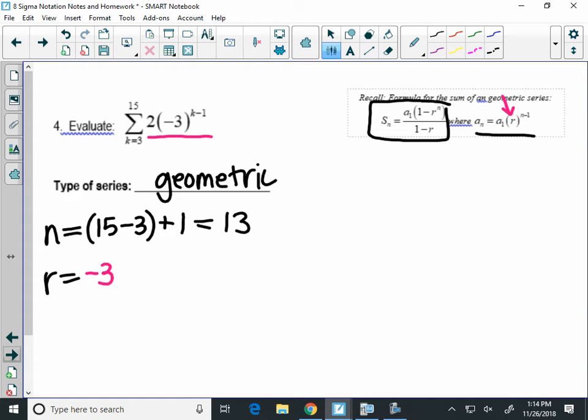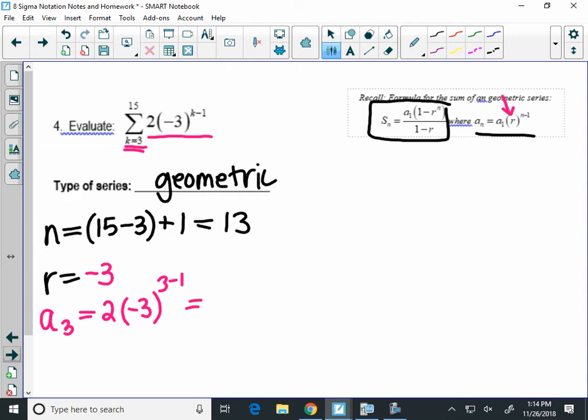And then I just need a starting place, a sub 1. Again, remember, we're not using the first term. We're actually starting at the third term. So I need to find a sub 3. That's where my sum is starting. So I'm going to put 3 in for k. So I have 2 times -3 to the 3 minus 1.